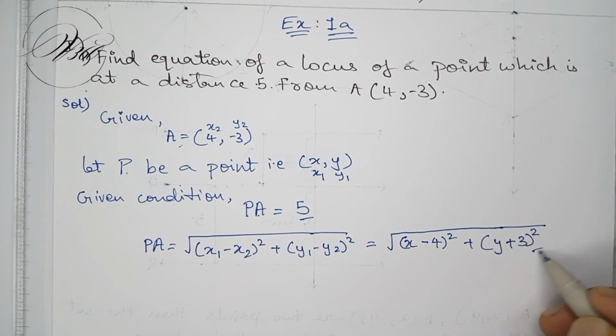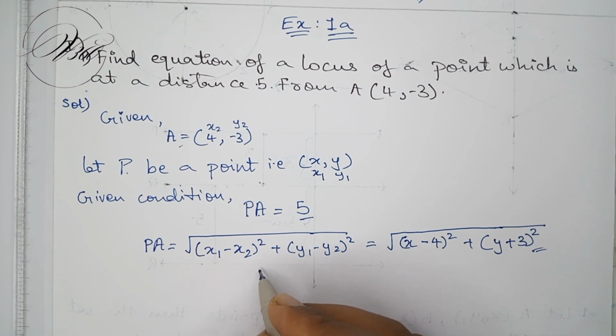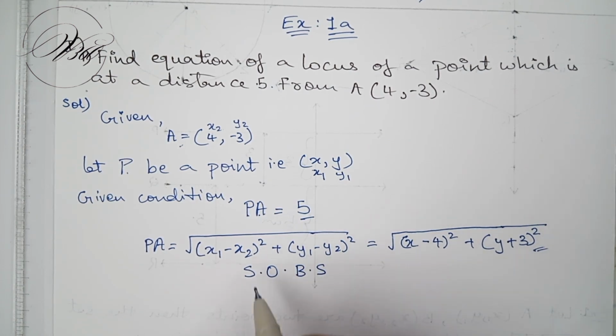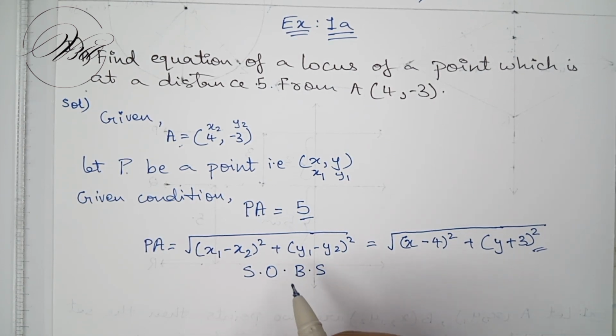Okay, this is PA. Now to remove the square root, we'll take squaring on both sides. This is a short form of squaring on both sides, right?